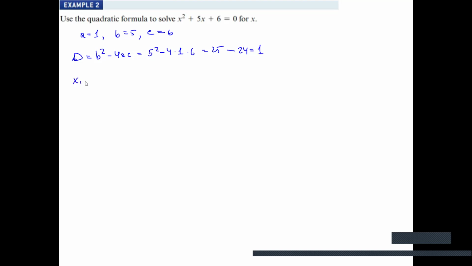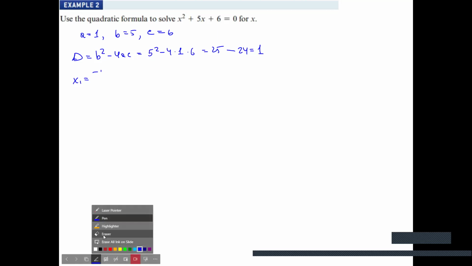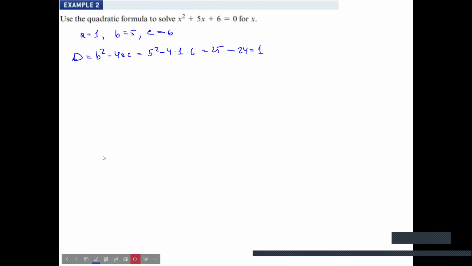So x1 equals minus 5. Okay, let's put the formula here just for now. So we memorize that. x1,2 equals minus b plus or minus square root of D over 2a. So x1, minus b is minus 5, minus 1, over 2 times 1.